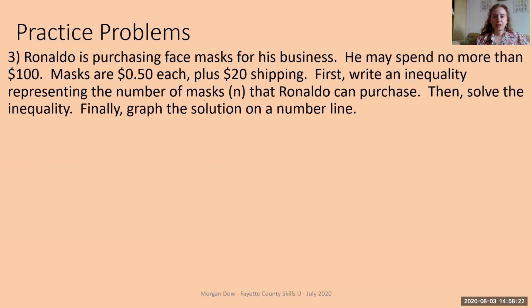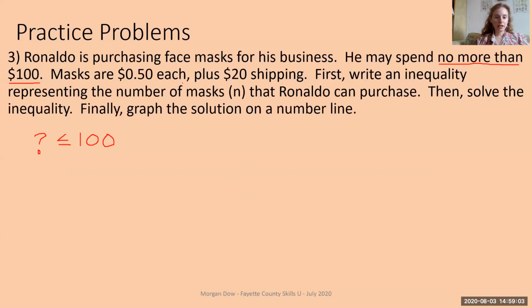Okay, so it says he may spend no more than $100. No more than. So that means whatever he spends, it can go up to $100. It could be $100, but it can't go over. So we're talking about his spending being less than or equal to $100. Now we're going to take the rest of this information and use it to fill in the components of what he's paying.